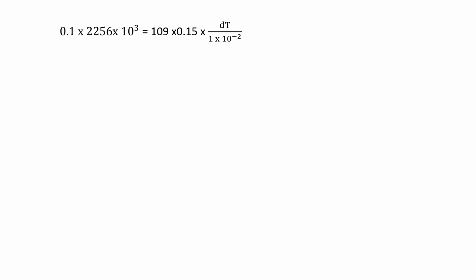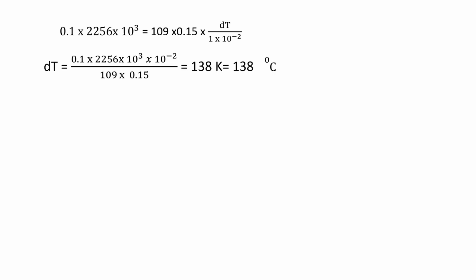Now we have to find the value of dT from this equation. dT is equal to, we can take this 1 into 10 raised to minus 2 to the right hand side, and 109 into 0.15 towards the denominator of the right hand side.